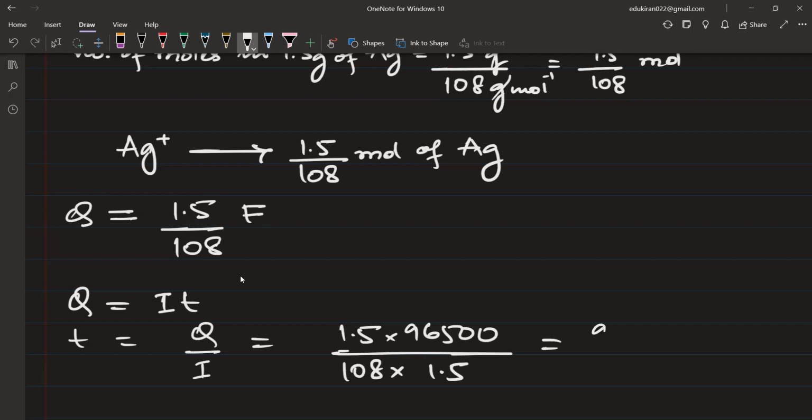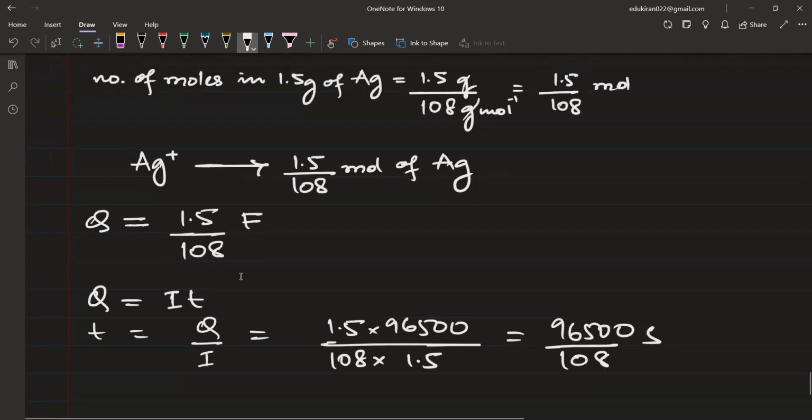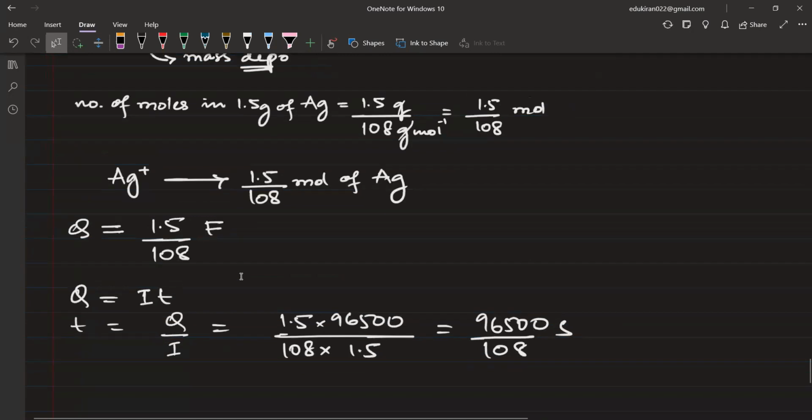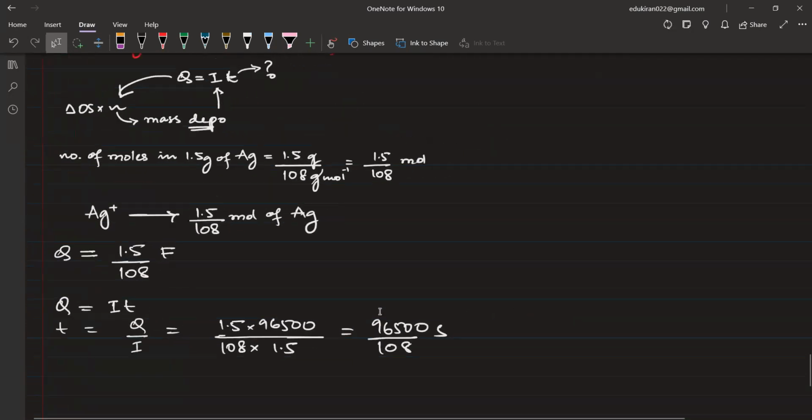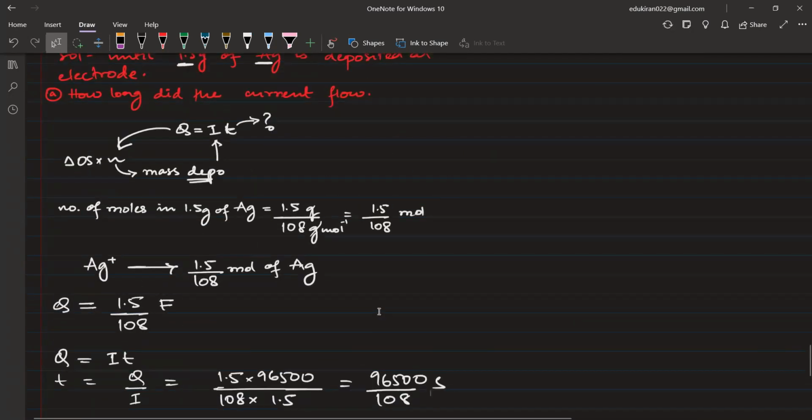So you can get this as 96500 divided by 108 seconds. So this is the time for which the cell was working or the current was flowing. Write this down. Please ask me if you don't understand anything in this particular step, okay?